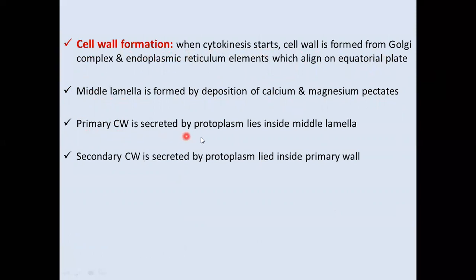Next, the primary wall is secreted by the protoplasm inside the middle lamella. From that, the secondary wall is secreted by the protoplasm inside the primary wall. So cell wall formation occurs when cytokinesis starts, and it is formed from Golgi complex and endoplasmic reticulum elements.